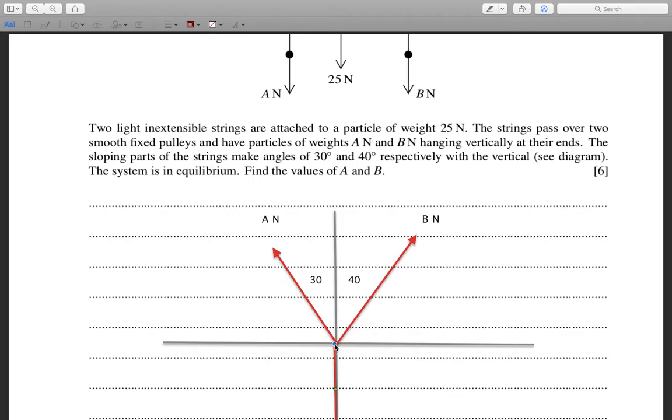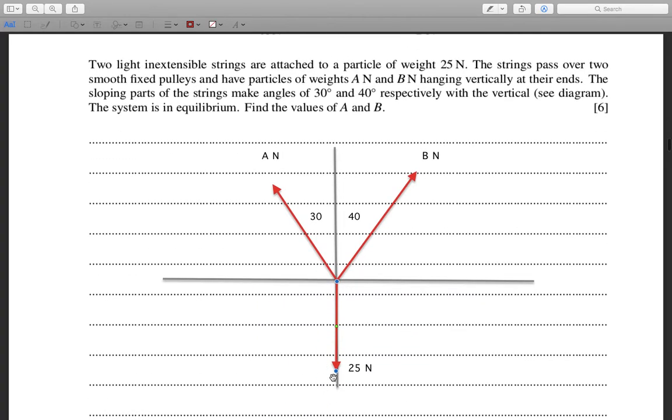How to find them? We can use Newton's first law about equilibrium.